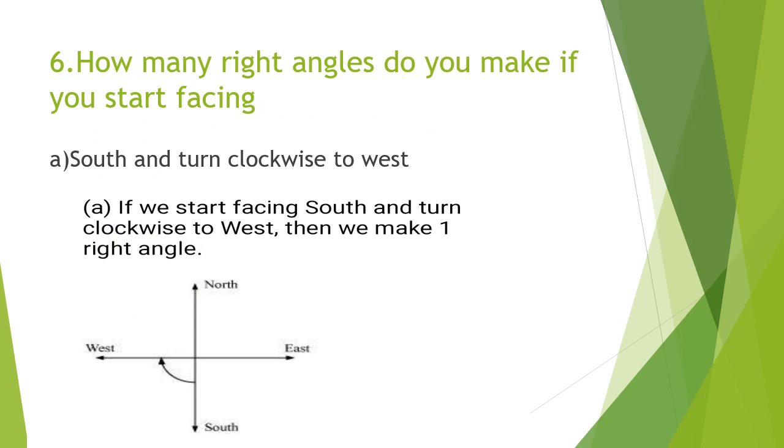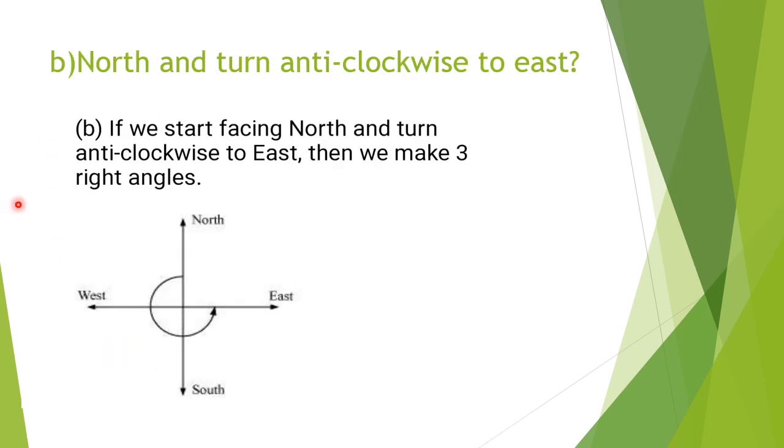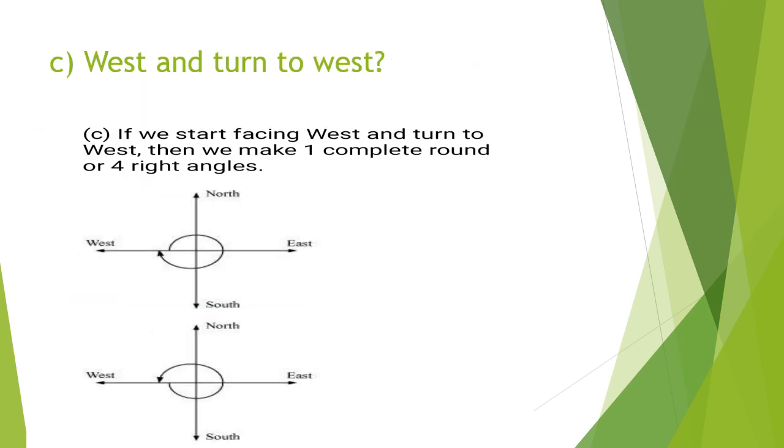Question 6. How many right angles do you make if you start facing south and turn clockwise to west? If we start facing south and turn clockwise to west, then we make one right angle. Question B. North and turn anti-clockwise to east. If we start facing north and turn anti-clockwise to east, then we make three right angles. Question C. West and turn to west.